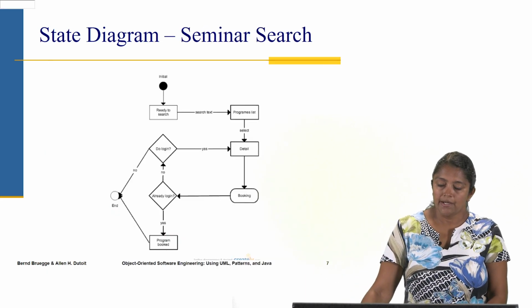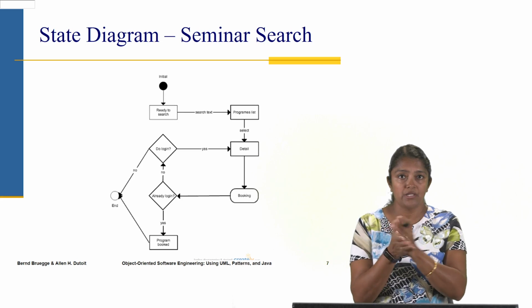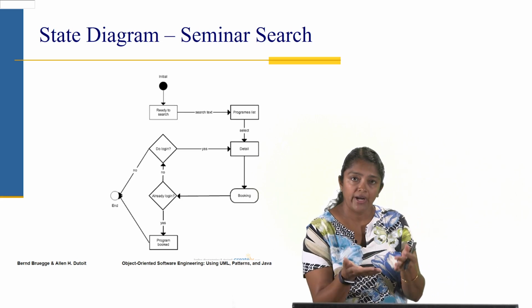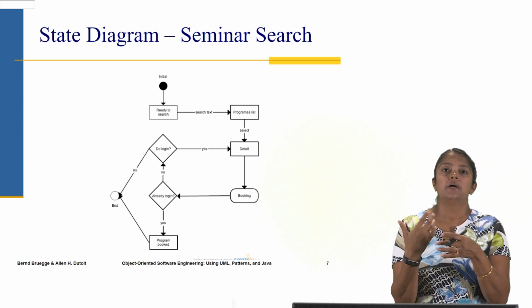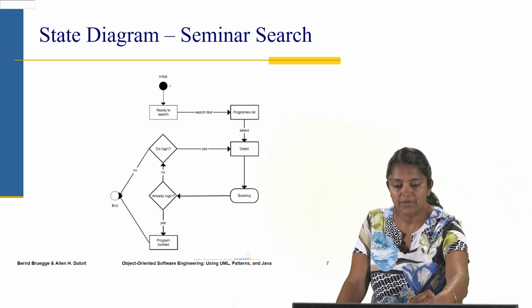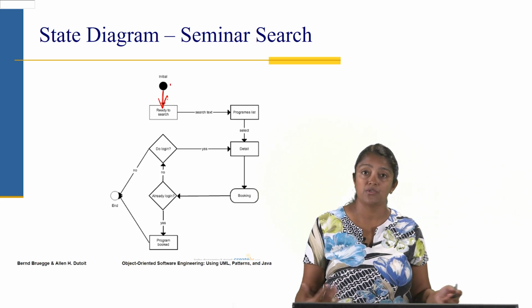Here's another example of a seminar search. So say you're on a web page where the goal is to look for a seminar, and if you find one that you're interested in, you make a reservation for it. So again, we start with this initial state. Our first state is ready to search.